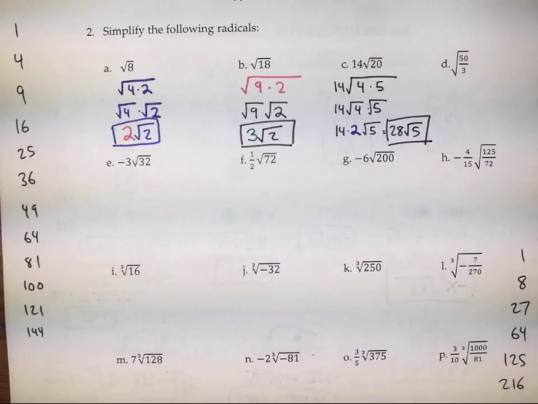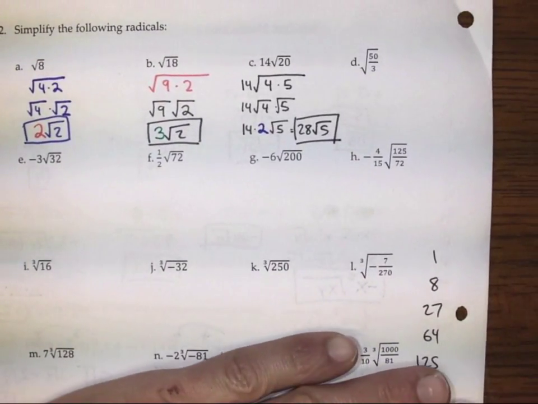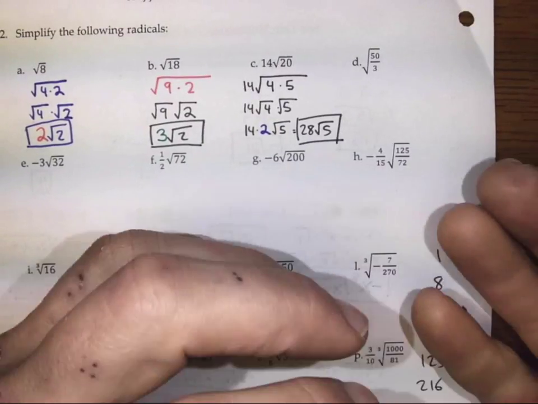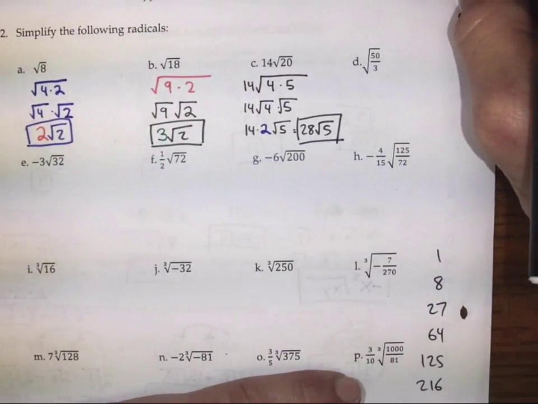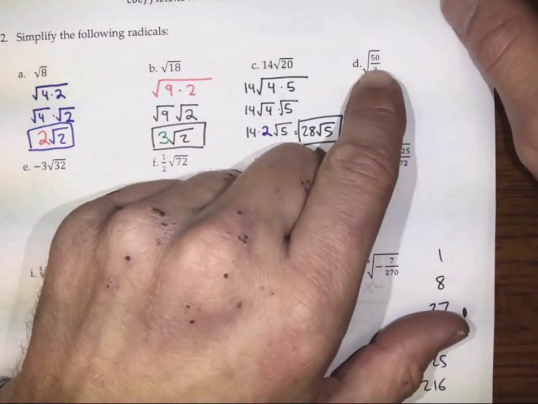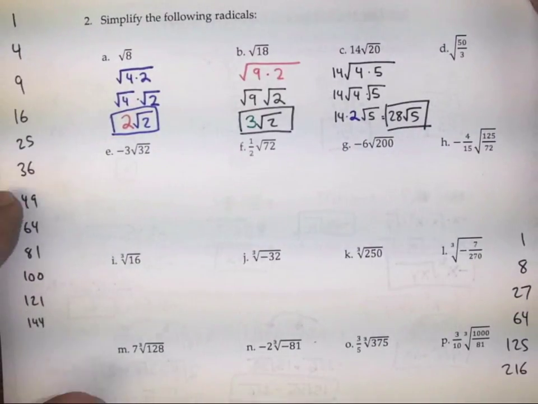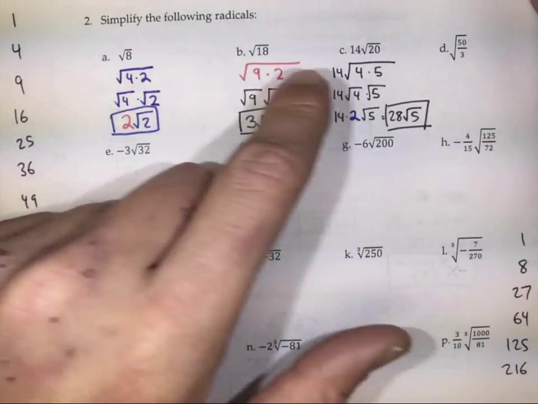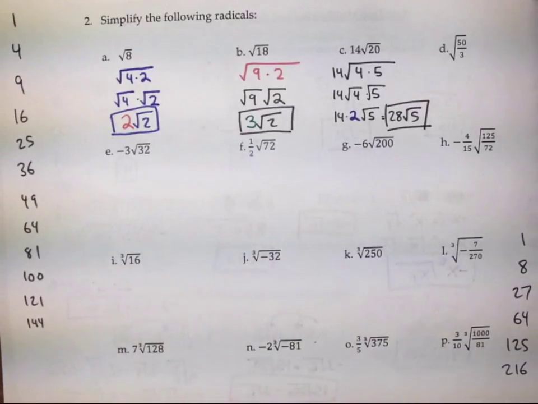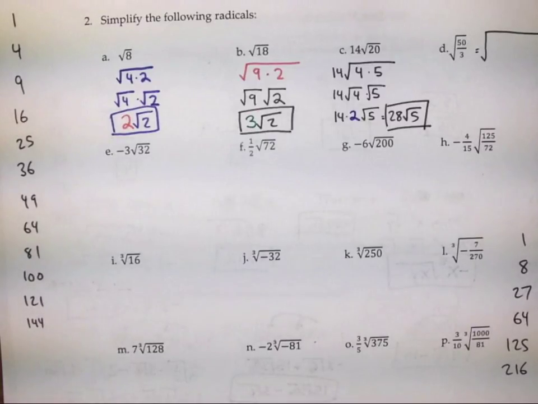Okay. Now, D is a little bit more complex. So I've got a fraction here. And the way I want to think about this is maybe I want to look at numbers that go into 50, perfect squares that multiply into 50, and maybe any perfect squares that multiply into 3. So what I'm always looking to do is write a radical and have stuff that can be square rooted here and stuff that can't be here.